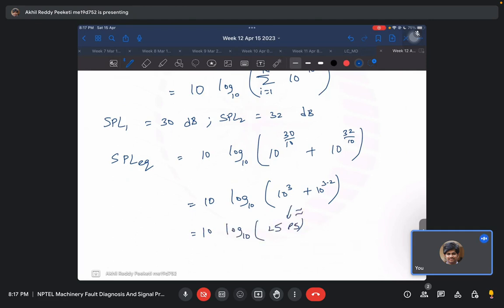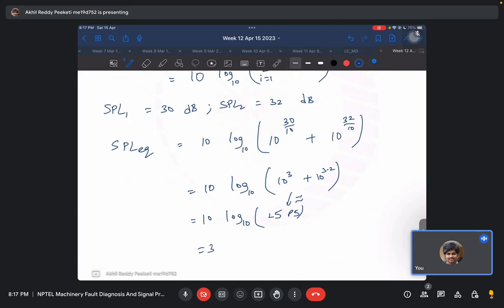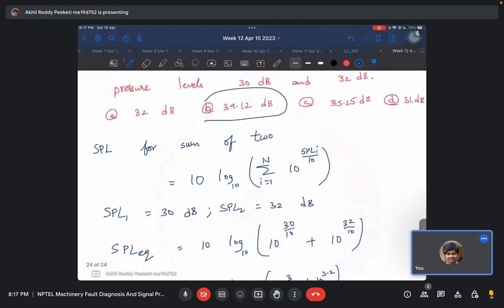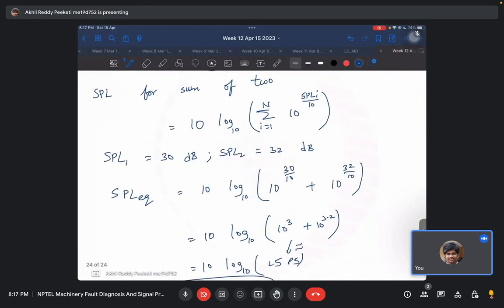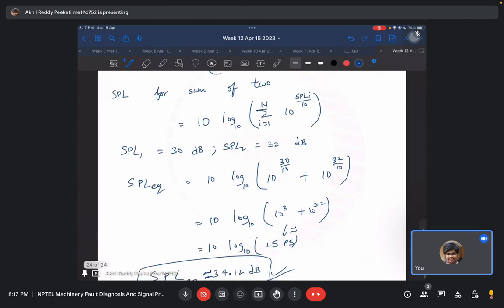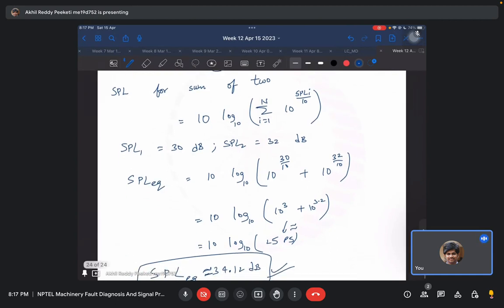So this comes to around 34.12 dB. So this is the equivalent SPL. This is the formula when you have to combine multiple SPLs to get the effective SPL at a given location.